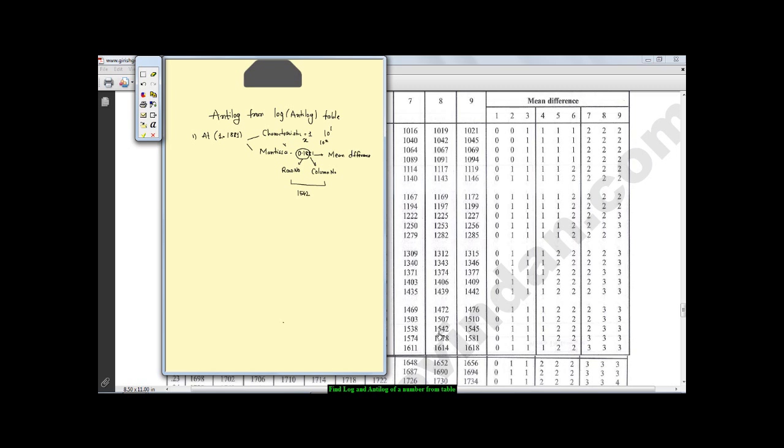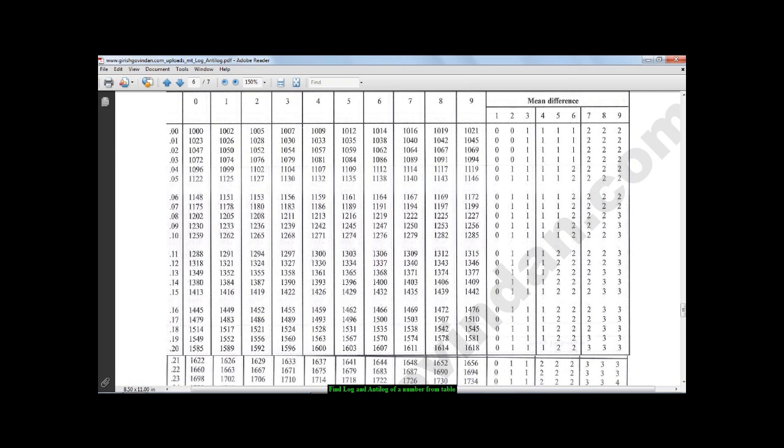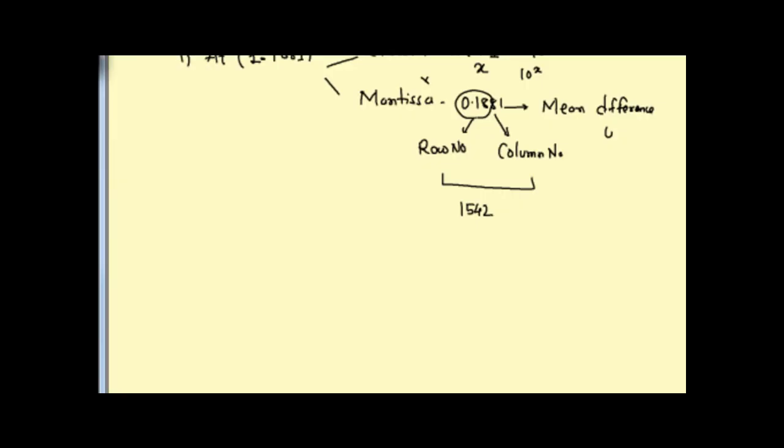In the first mean difference, we'll get a value of 1. Generally you have to add the value that you get from the row and column number with the mean difference. The mean difference has to be added. So the total value is 1542, right? 1542.